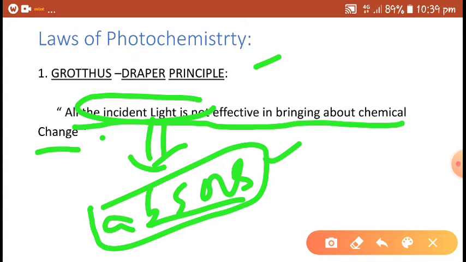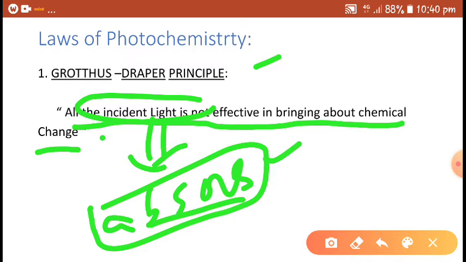The absorbed light may increase the kinetic energy of the system, leading to heating of the system. So the absorbed light does not necessarily bring chemical change; it may give some heat effects on the system.